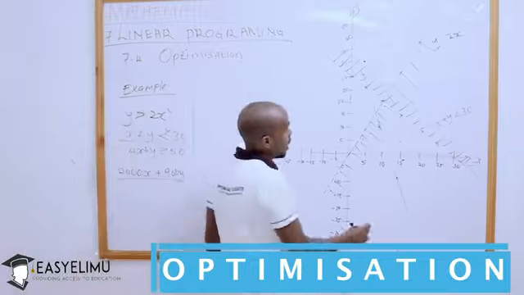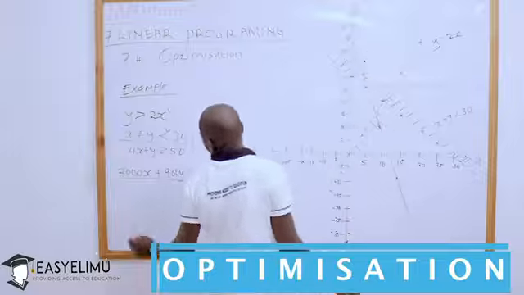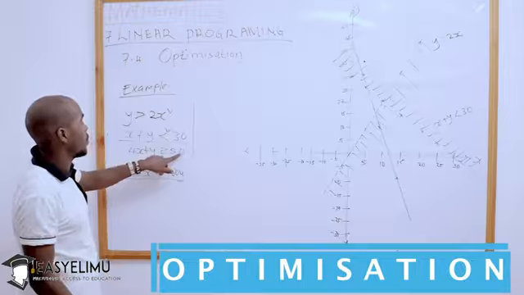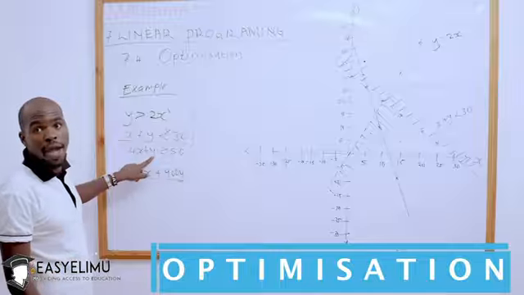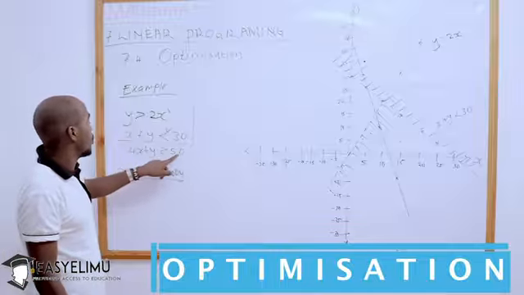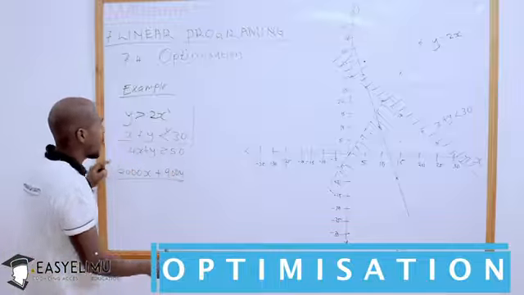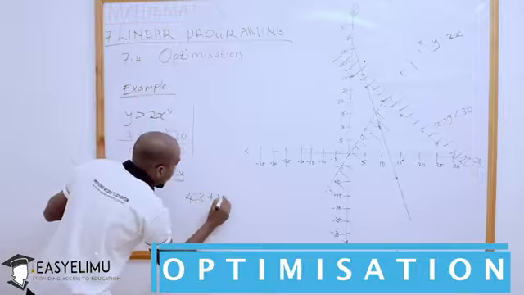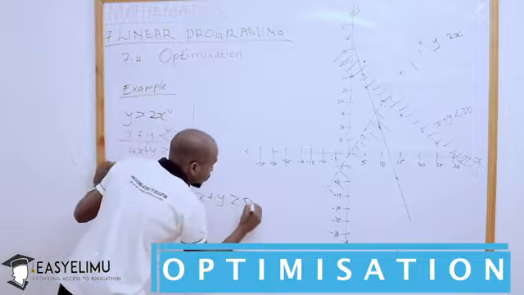Now I've drawn the line 4x plus y equals 50, which is y equals 50 minus 4x. And I need to find the inequality 4x plus y greater than or equal to 50.